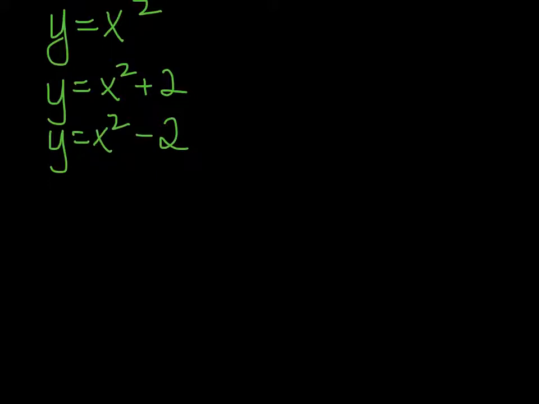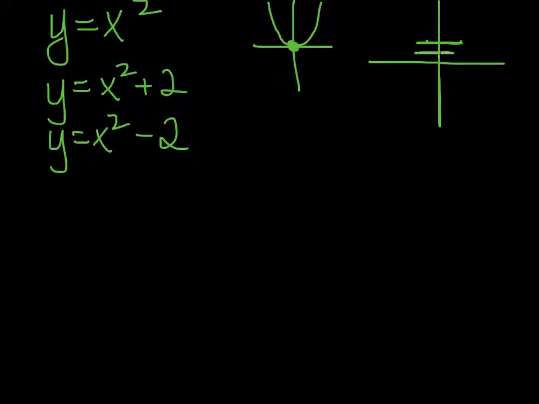All right, so y equals x squared, again, you've done this already, so it's just a parabola whose turning point is at 0, 0. For y equals x squared plus 2, you should notice that this time we have a shift up a distance of 2. So now my new turning point is 0, 2.